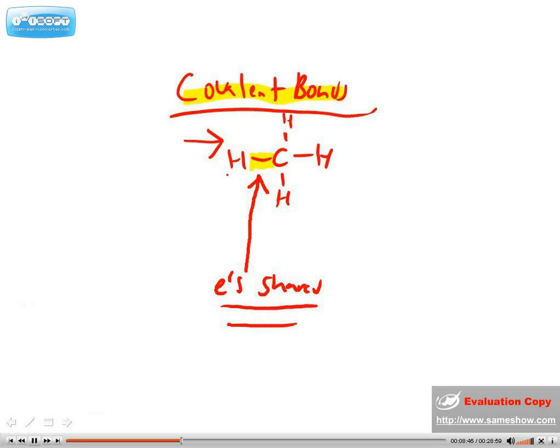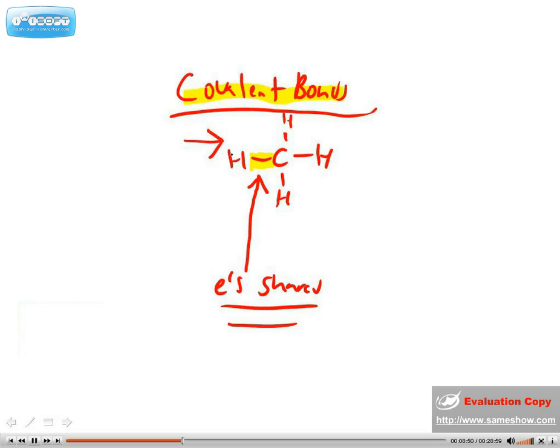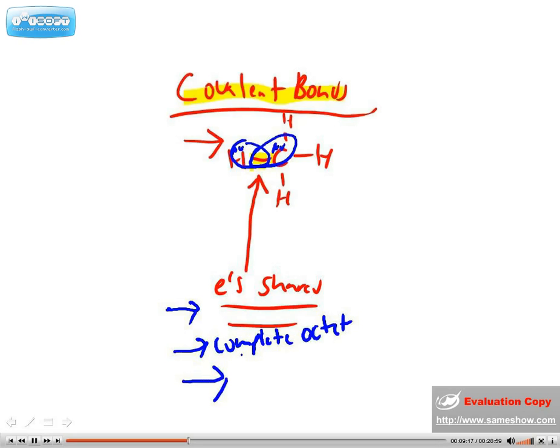Now, what happens is the nucleus of one atom and the nucleus of another atom are actually attracted to the electrons. And what they'll do is they'll actually share the electrons. They'll share it enough to complete the octet, but not enough to generate excess charge. So it's the best of both worlds.